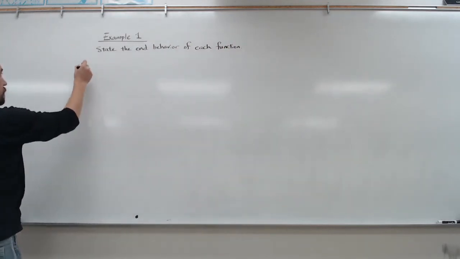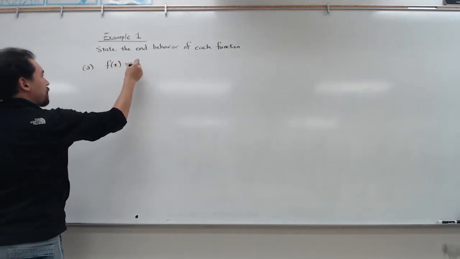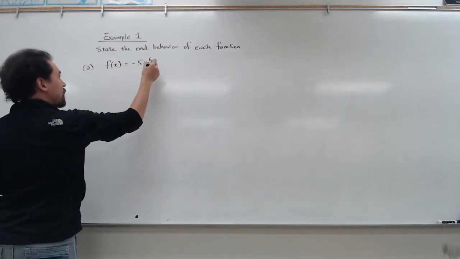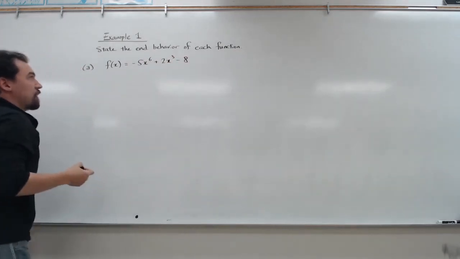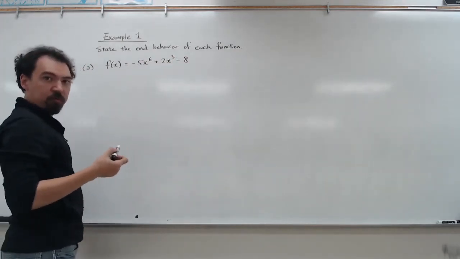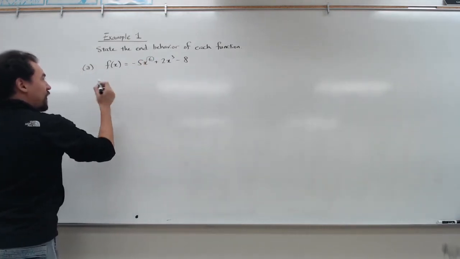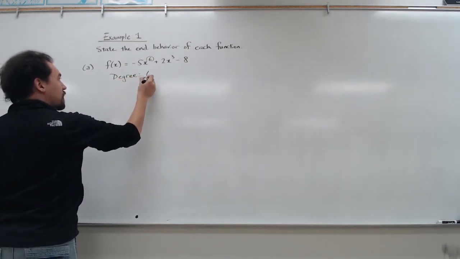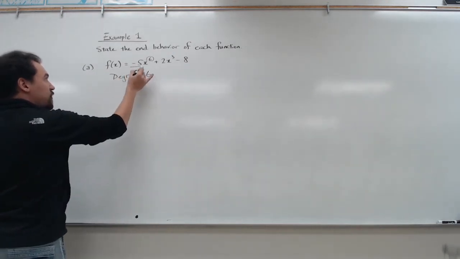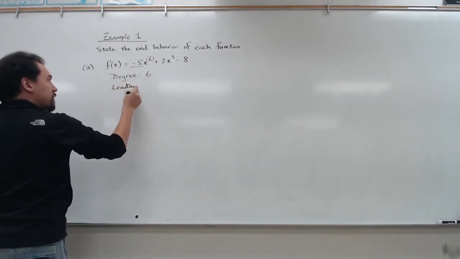Part A. We'll say f of x equals negative 5x to the 6th plus 2x cubed minus 8. Now, for end behavior, we're really only interested in the biggest power of x. So that's 6 right there, that's the degree. Degree is the highest power of x. Then we look at the coefficient attached to that x to the 6th. That's going to be the leading coefficient.